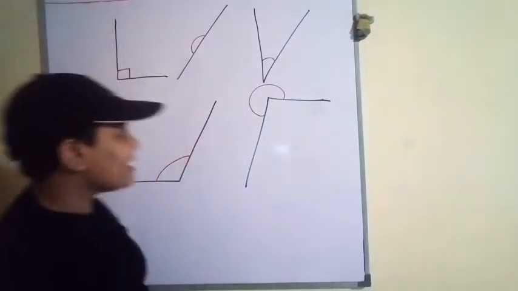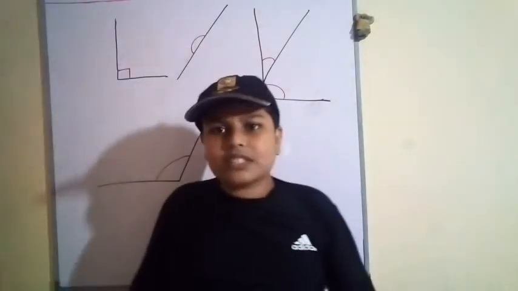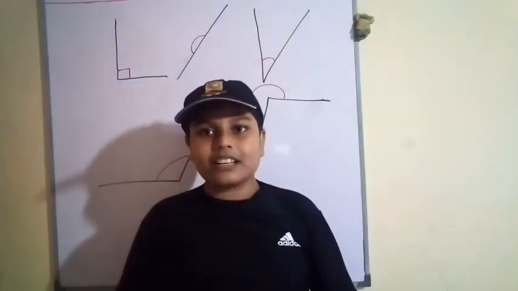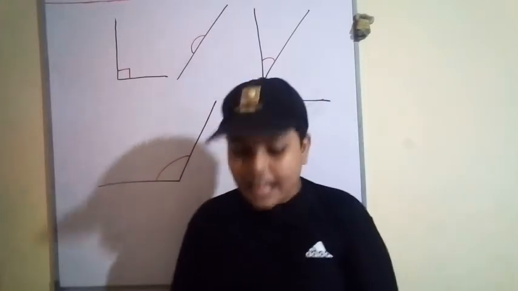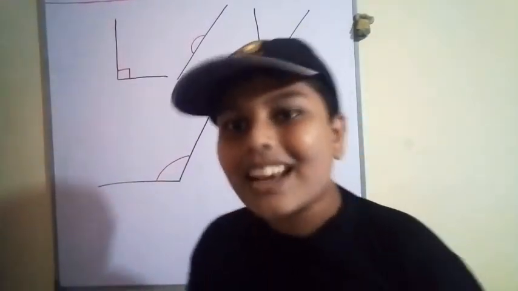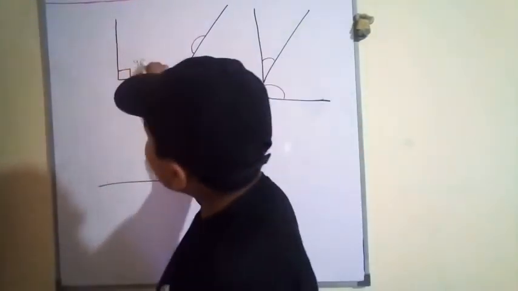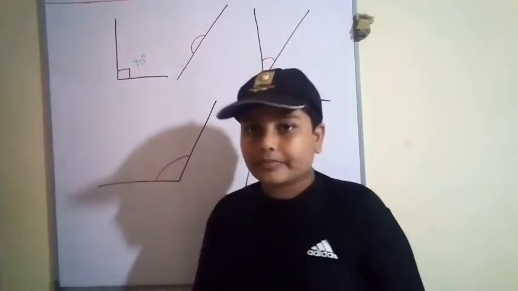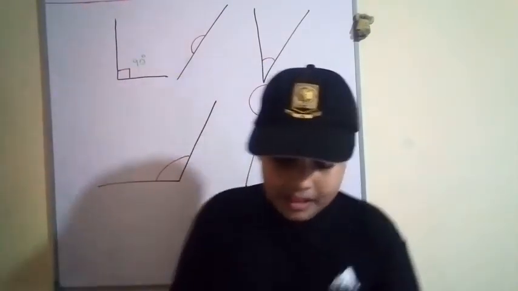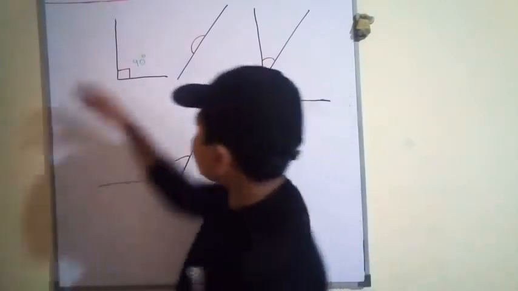Now, what are the definitions of these types of angles? A right angle means any angle with a magnitude that you can measure as 90 degrees. Now this is 90 degrees, and we call that the right angle.